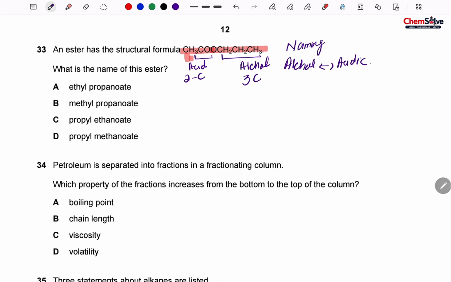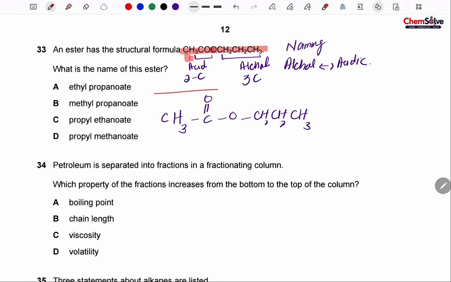So let me write it. It would be CH3C double bond O O CH2CH2CH3.